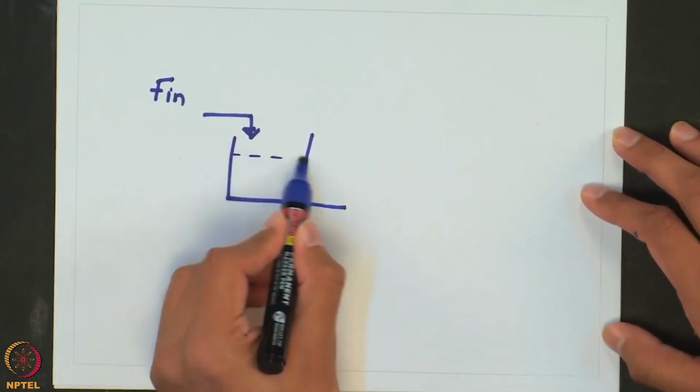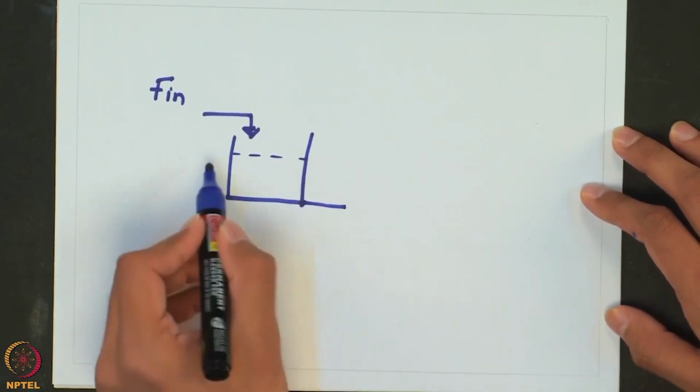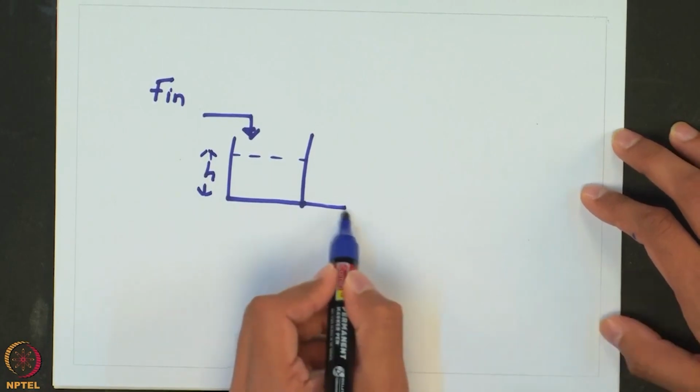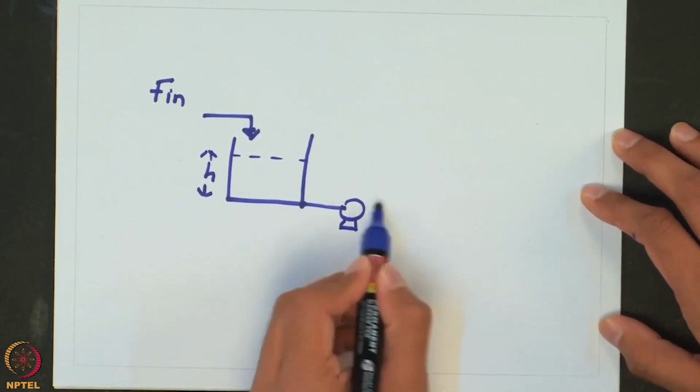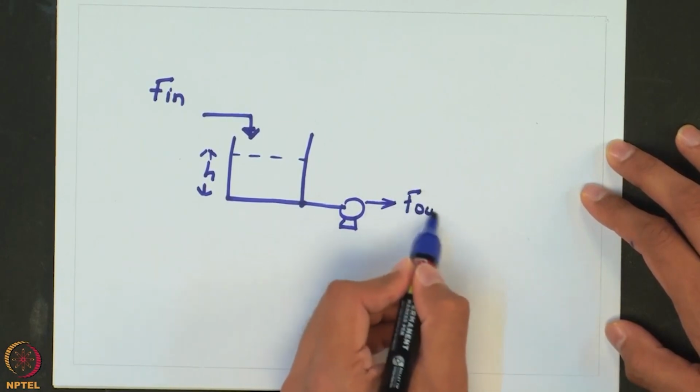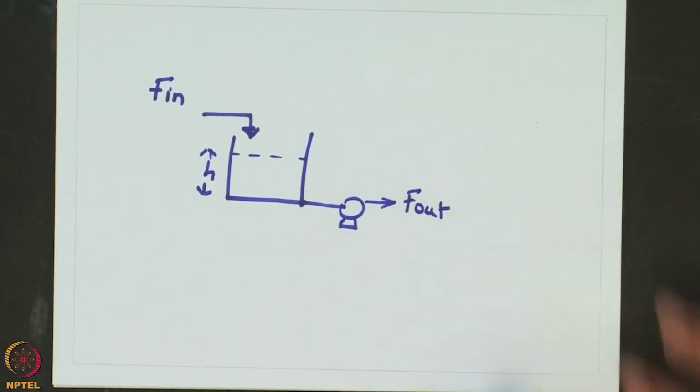You maintain a certain amount of liquid inside this tank, let us say a particular height, and either using a pump or an outlet valve, there is a way to take out liquid from this tank. It is used to temporarily store some amount of liquid.